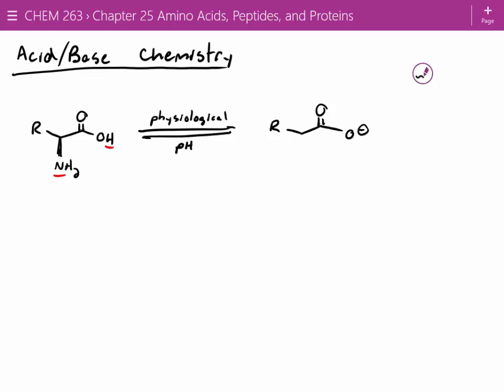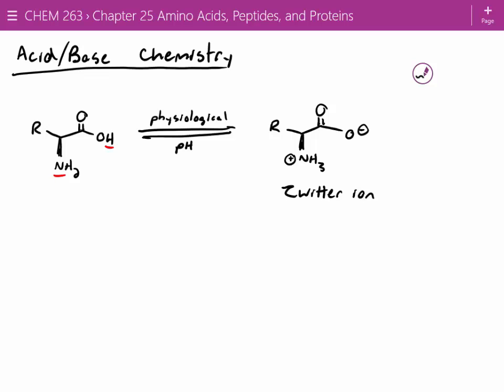So you mostly end up with your protonated amine and your carboxylate salt. What do we call it when you've got a positive and negative charge on the same molecule? Yeah, it's a zwitterion. People will also refer to these as amphoteric molecules, meaning they can either act as an acid or a base depending on the conditions.